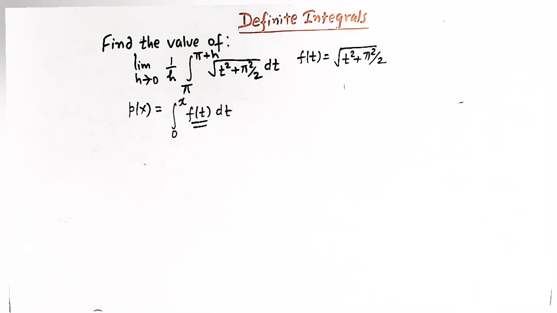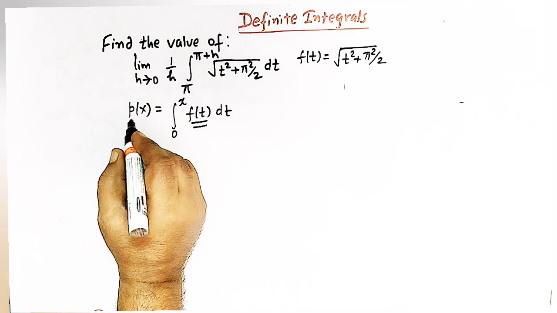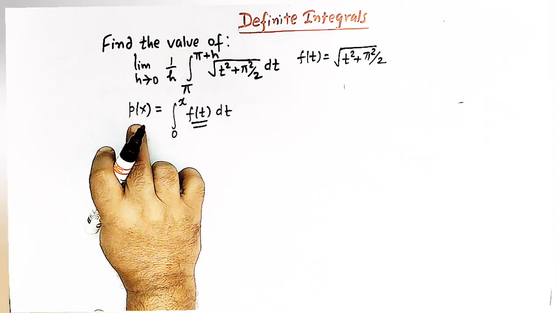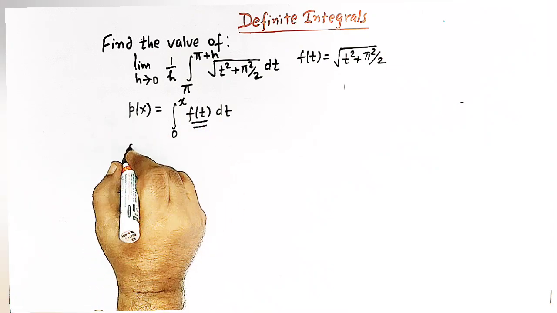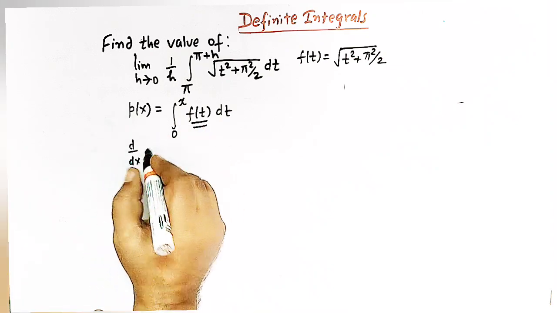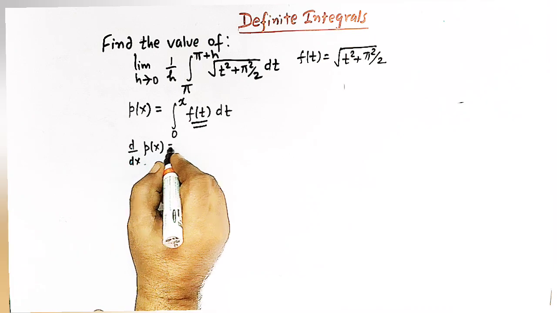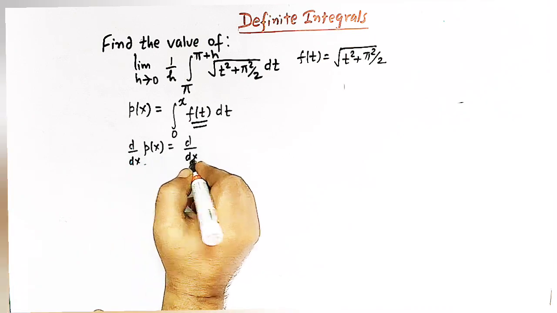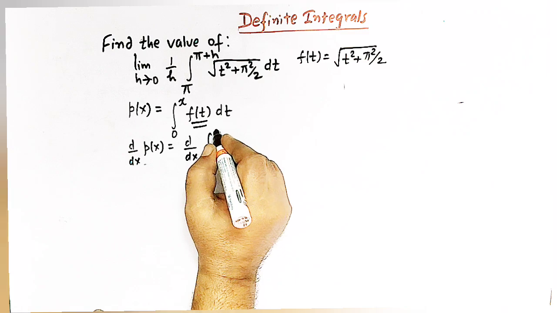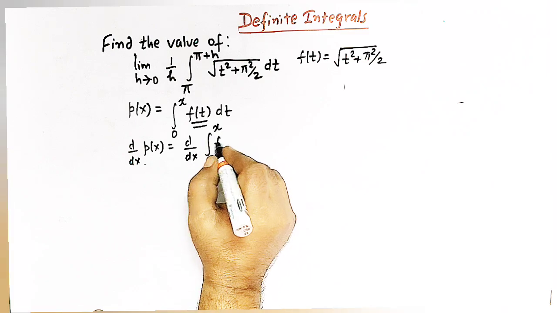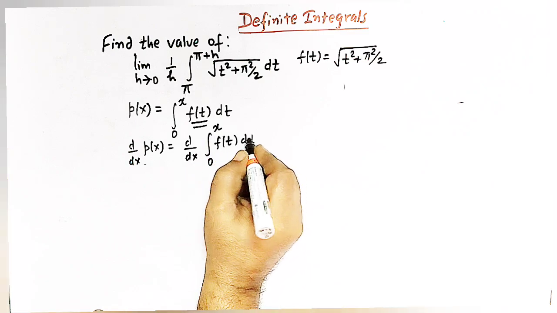Now from the fundamental theorem of calculus, we can differentiate both sides with respect to x. So we have d by dx of p of x equal to d by dx of the integral from 0 to x of f of t dt.